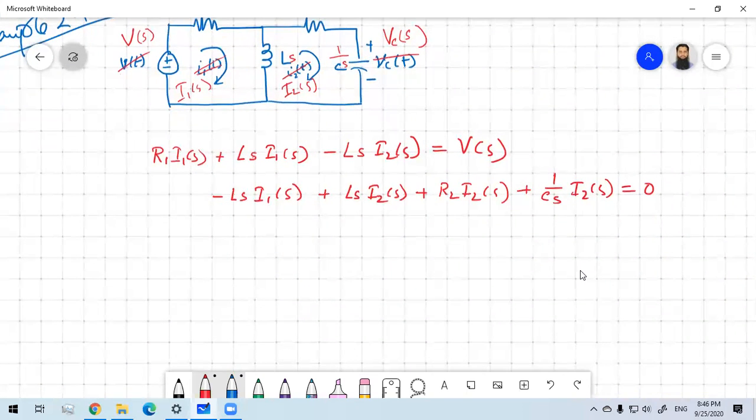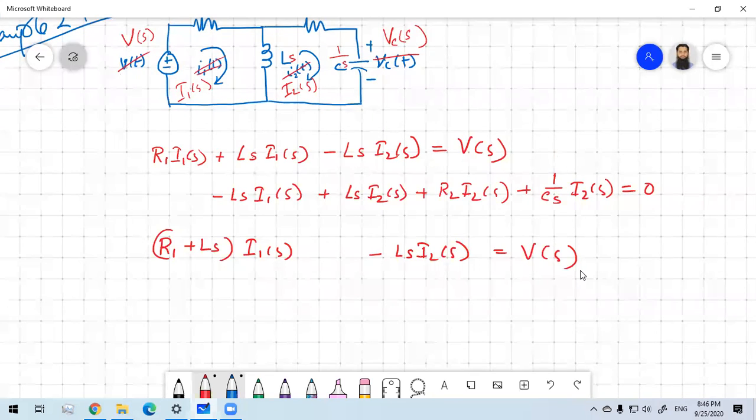Okay, so now you can have two columns. You have to find the coefficients of I1 and I2 and organize them. Then you have to apply Cramer's rule or any other suitable method from your circuit analysis. So basically, you can write something like this: (R1 plus Ls) I1(s) minus Ls I2(s) equal to V(s).